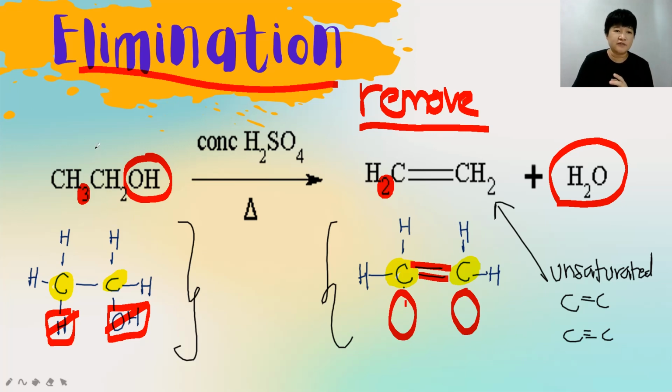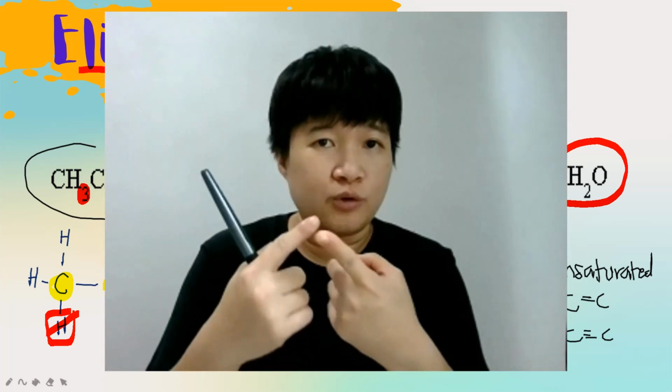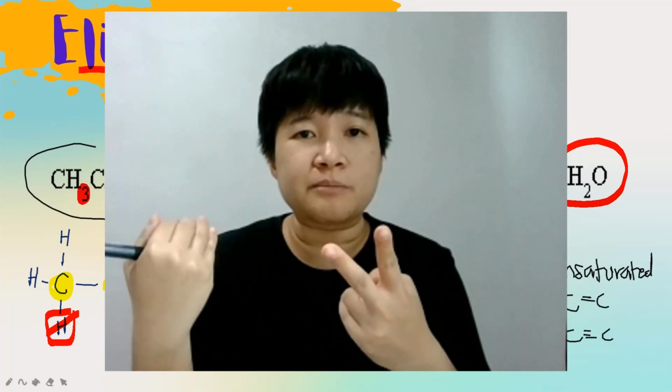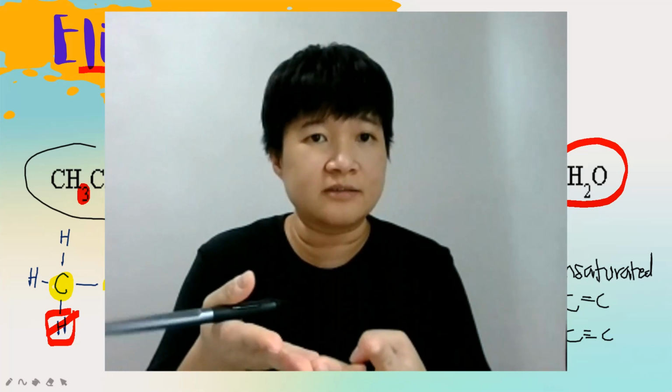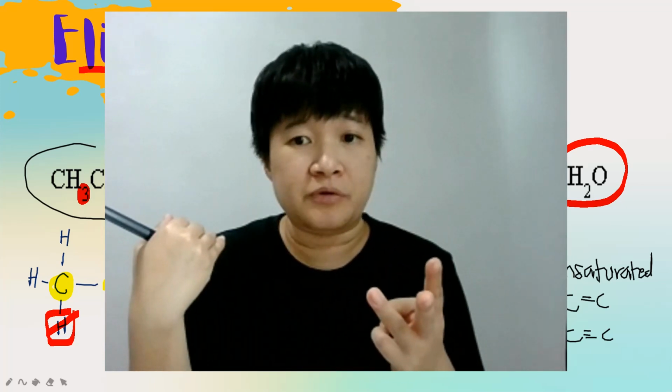If the question gives you a condensed structure, don't use the condensed only. Expand it so that you can see clearly what the changes are, and whether it's addition, where you add in something new, or a substitution, where you remove something and then replace it with other things, or an elimination, where you only remove the thing. Okay? It's very simple. Don't think too much and don't make it complicated.